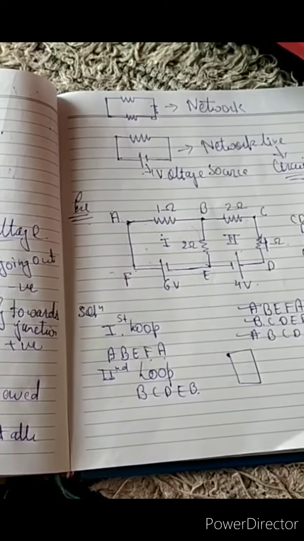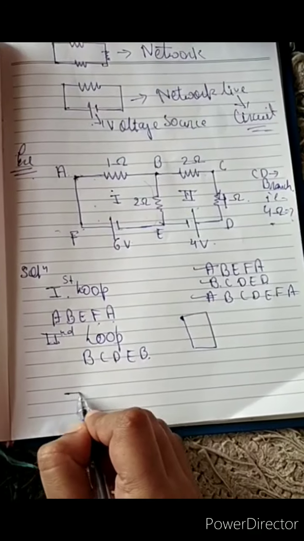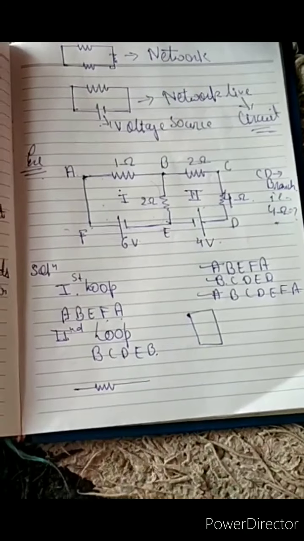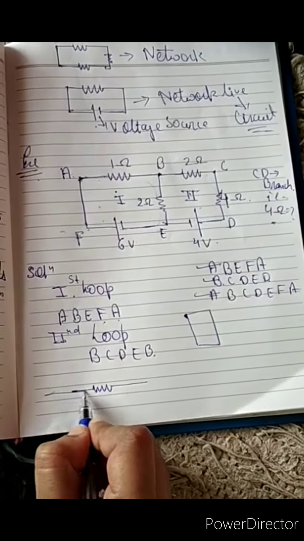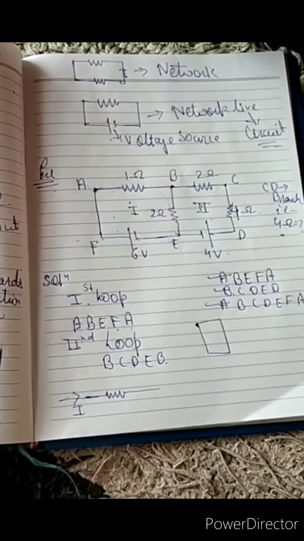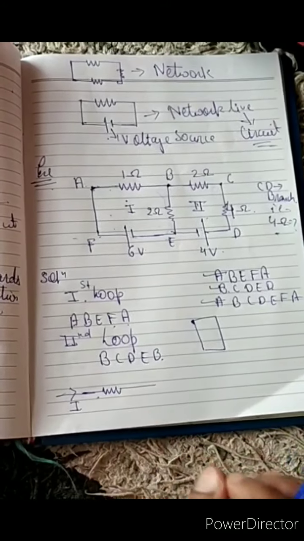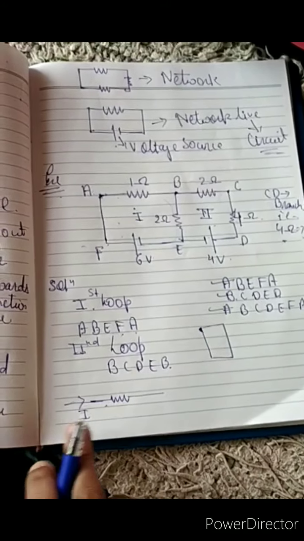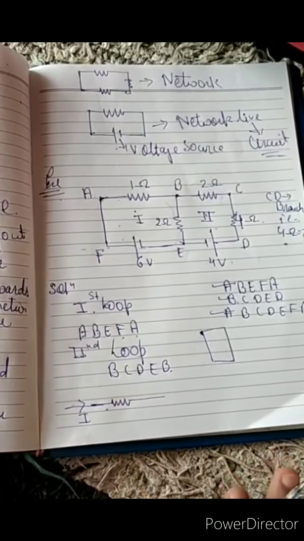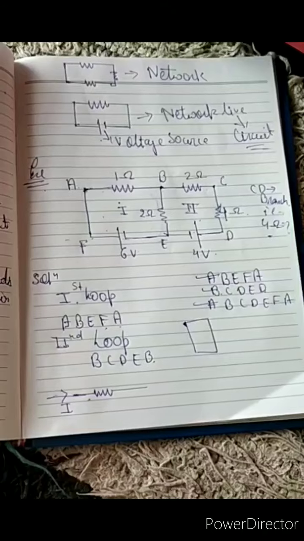Now, I will tell you a quite basic rule. This is my resistance. If the current direction is in this direction, what does it imply? Always across the resistance, voltage drops. Current always flows from higher potential towards lower potential, right?